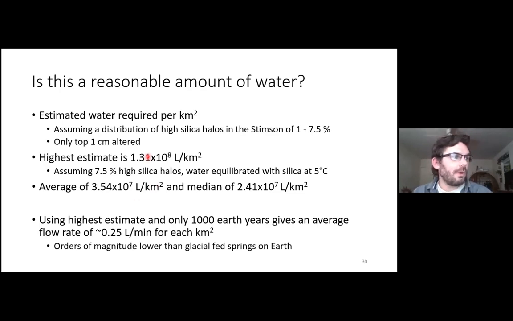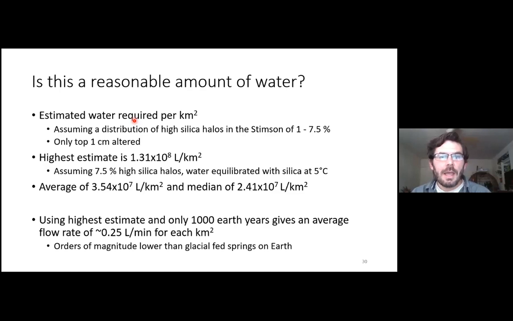And so for this, we ran a bunch of calculations assuming a distribution of high silica halos between 1 and 7.5%. Those halos break through the Stimson, but they don't occur all that often. And we're assuming only the top centimeter of material is altered.